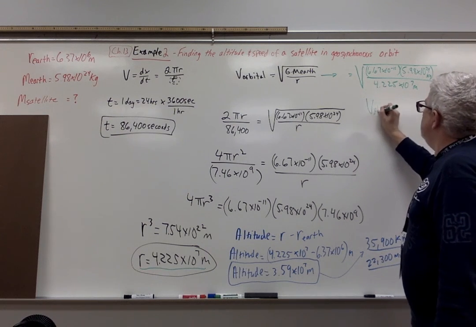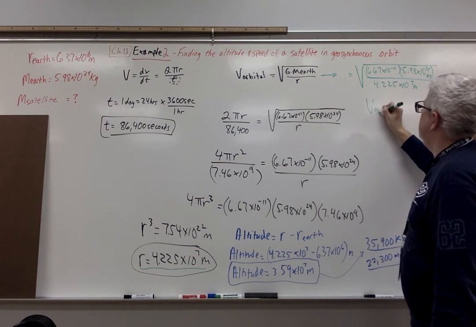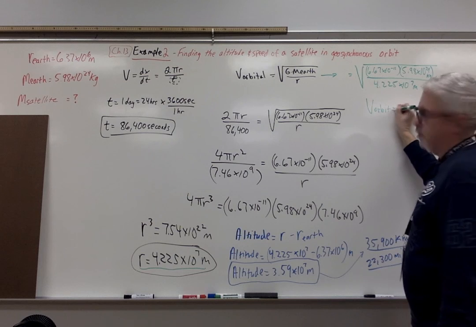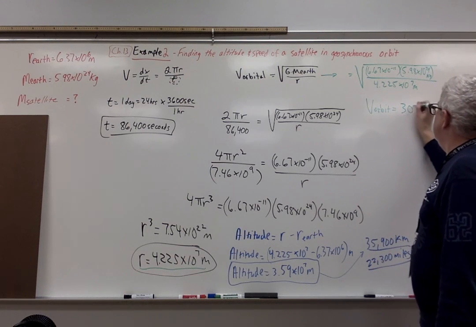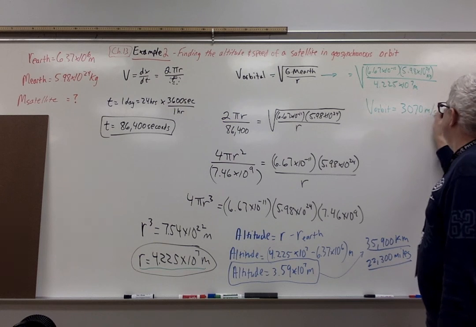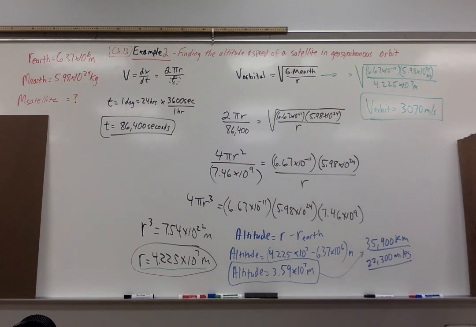So V orbit, or obit, if that's kind of bad, that's an obituary. In this case, is going to actually be 3,070 meters per second. That's pretty slow compared to the International Space Station, which takes, I think, somewhere around an hour and a half to go around.